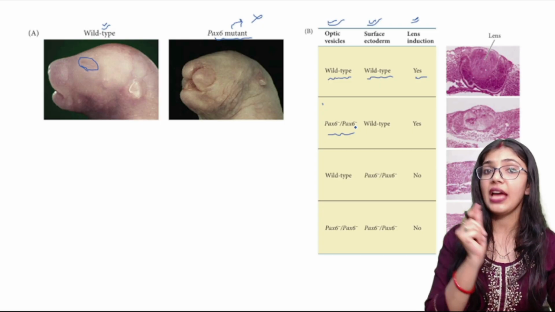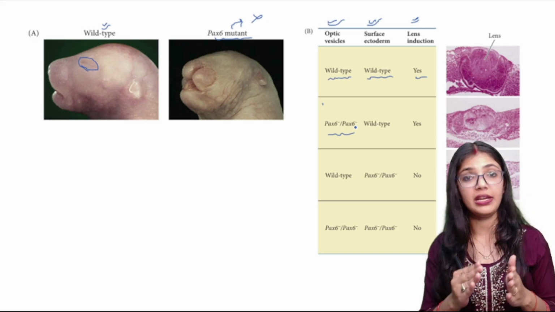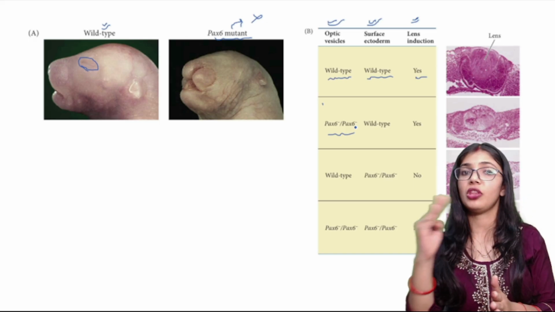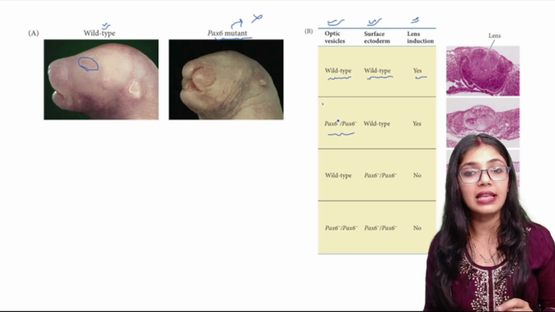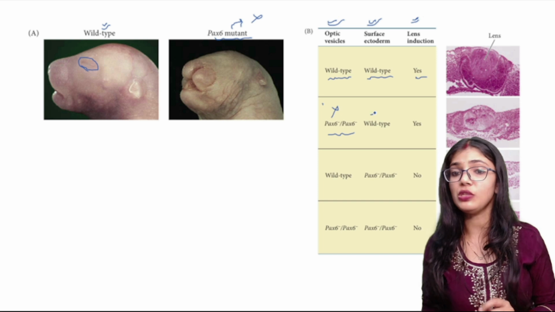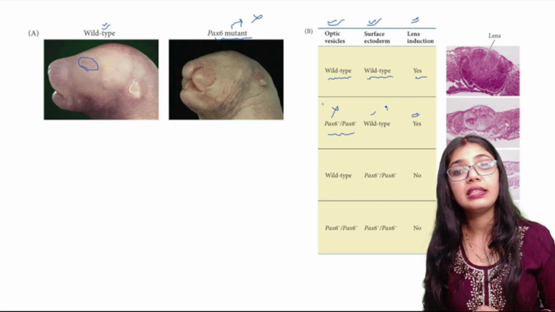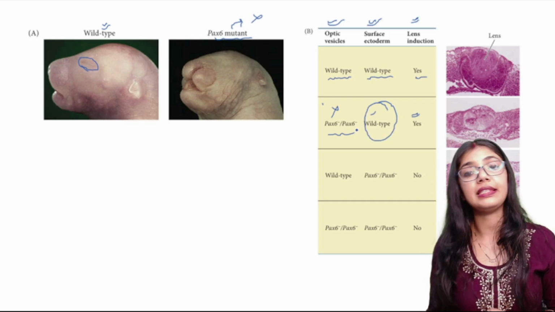If it is present in the ectoderm, the ectoderm is competent and will respond to the optic vesicle for lens formation. Here PAX6 is mutant in the optic vesicle, but the surface ectoderm is wild type, so there will be lens induction because the surface ectoderm has PAX6.